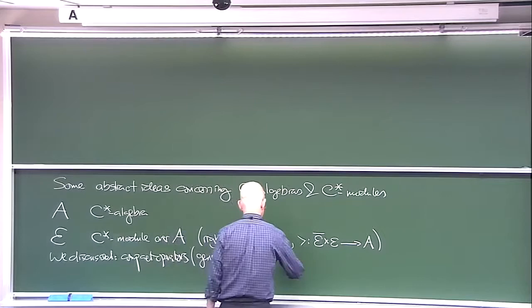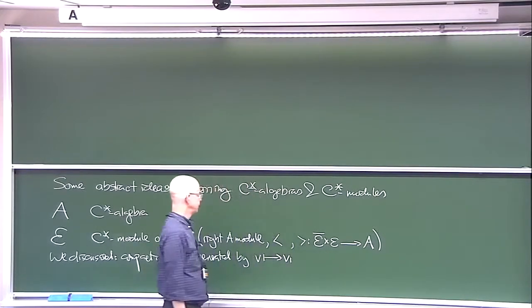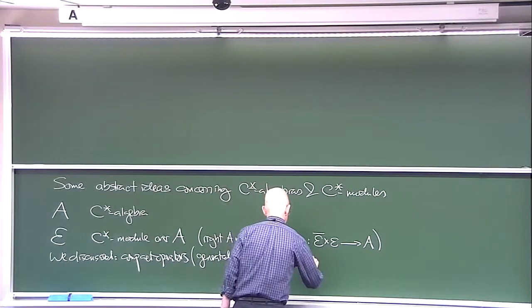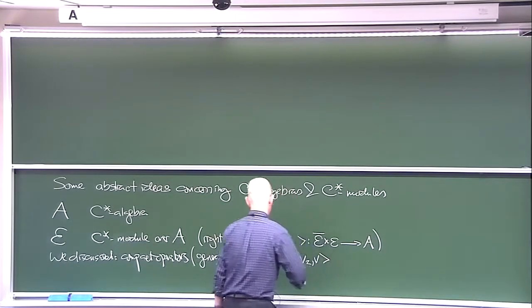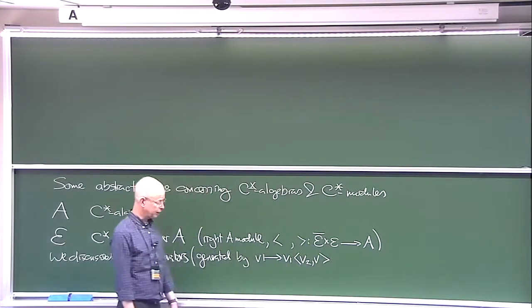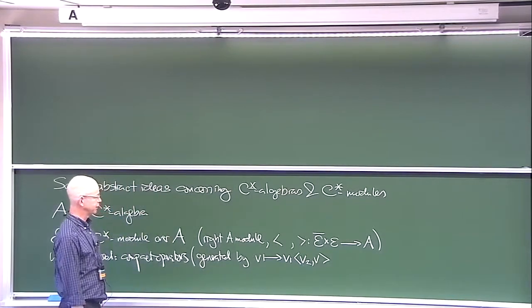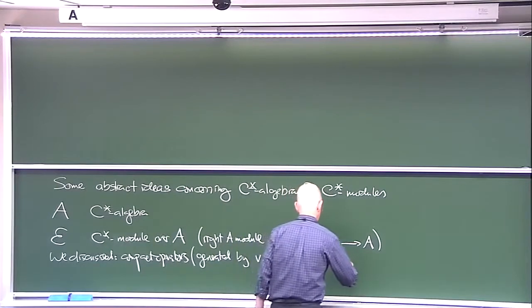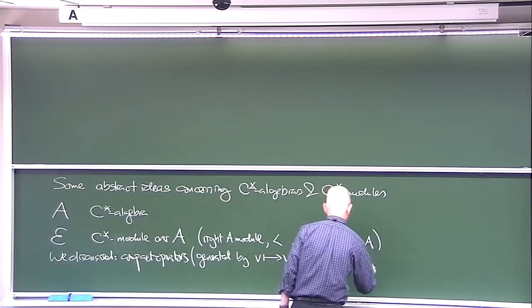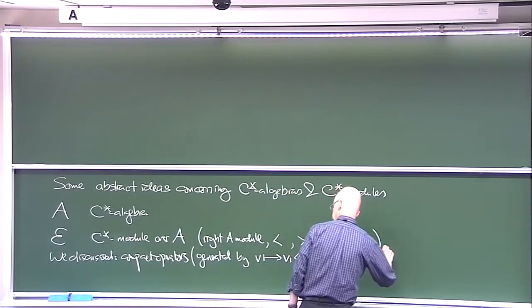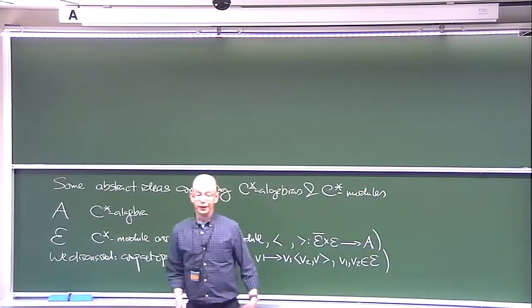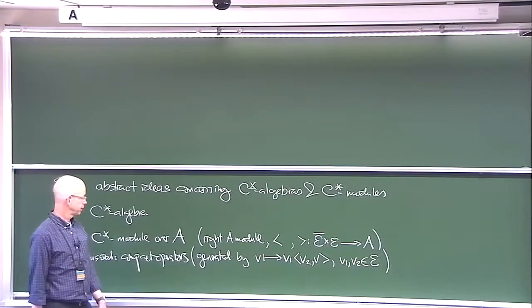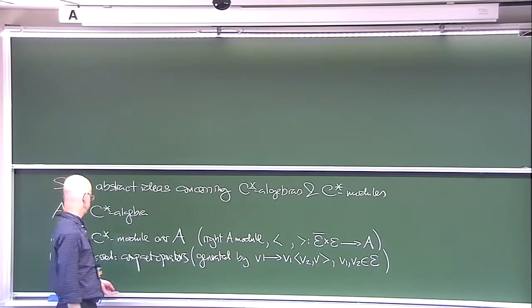Well, you pick some vector V1 in E, and then you just do a multiplication operation like this. If you think about it, that's a well-defined operator from E to E, assuming that V1 and V2 are in E. And the linear span of these is a star algebra, and the closure is what is called the C-star algebra of compact operators.